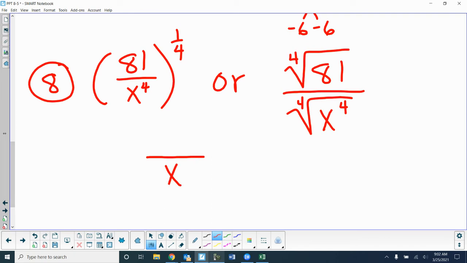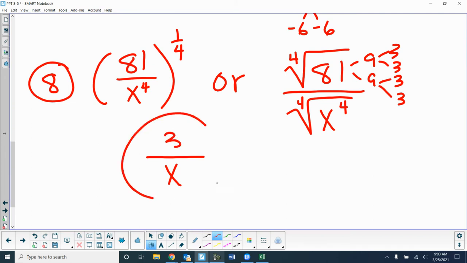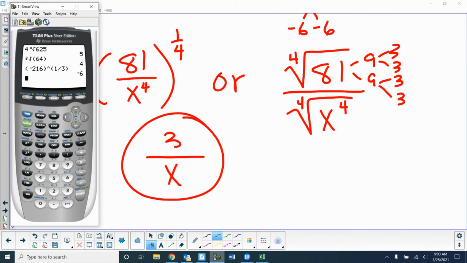And then 81, I've got 4 threes. That's what I'm looking for, a group of 4, right? Simple. Now, again, you can't put 81 over x, right?